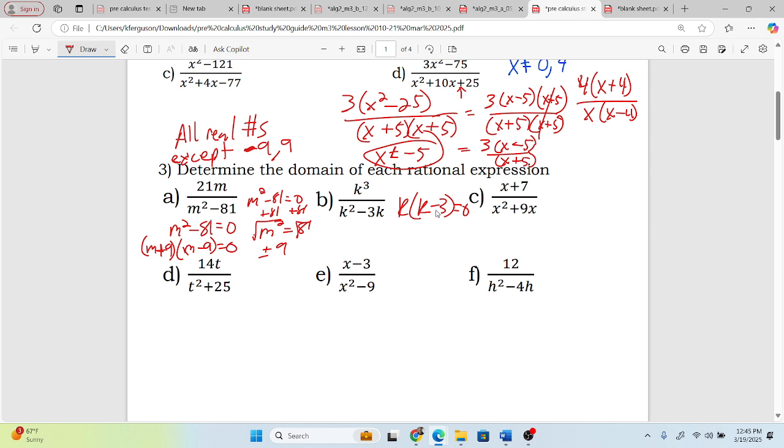Well, I see I got k minus 3, so that means k cannot be positive 3. Or 0, because there's a k on the outside. It can't be positive 3 or 0. So my domain is all real numbers except for 0 and 3, or 0 and positive 3.